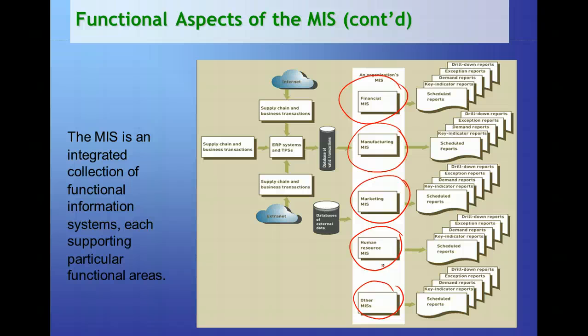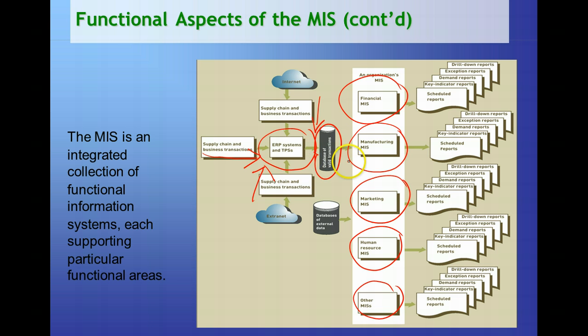So remember, previously we have mentioned ERP and TPS. As we recap, we have transactions coming in to our TPS and ERP systems. They can be either from the internet, via extranet, or via other sources, and then they enter our database.